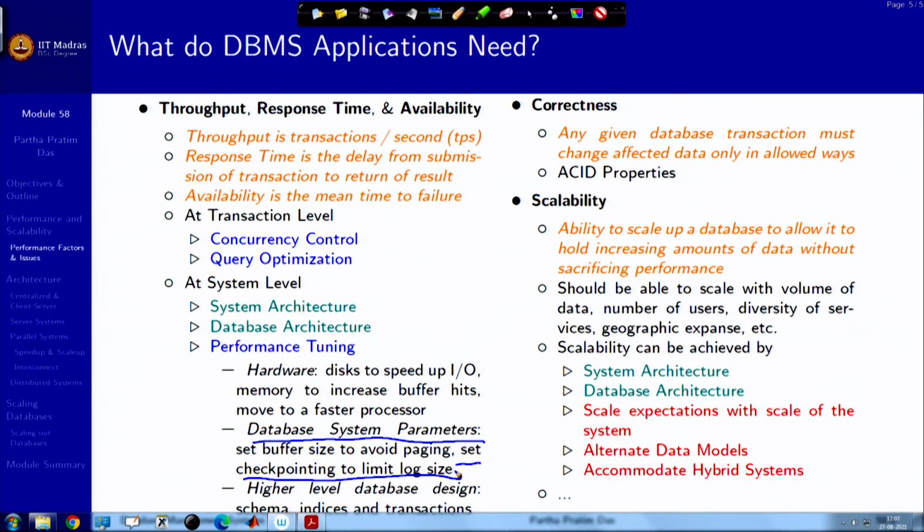Whenever a failure happens, we have to go back to the checkpoint and then redo and undo using the log. So, from the checkpoint, the entire log has to be maintained in the hot backup. So, we can limit that, tune that. And we can have high level database design changes in terms of schema modification, index modification, transaction modifications and so on.